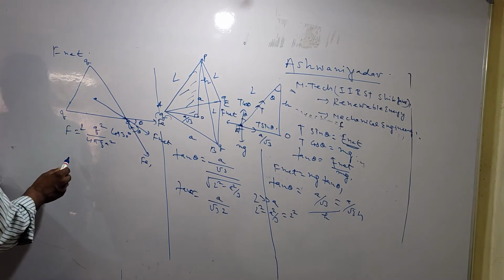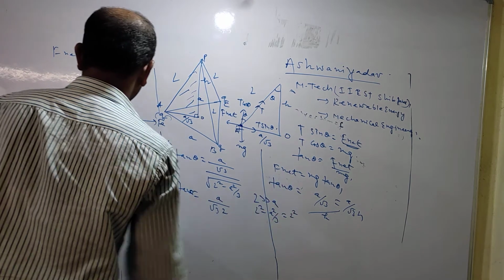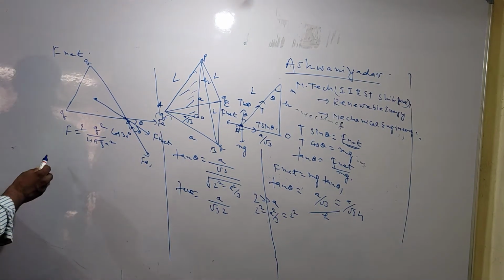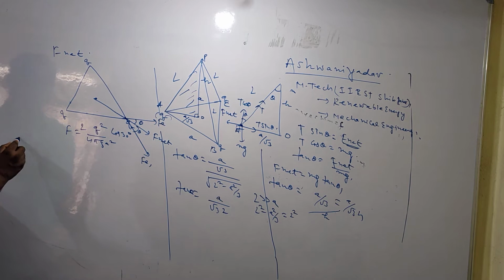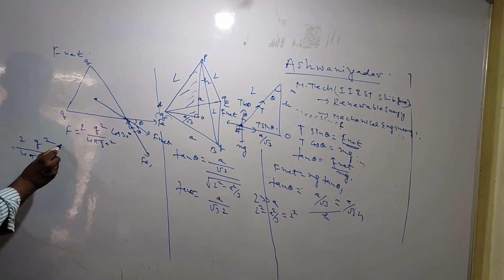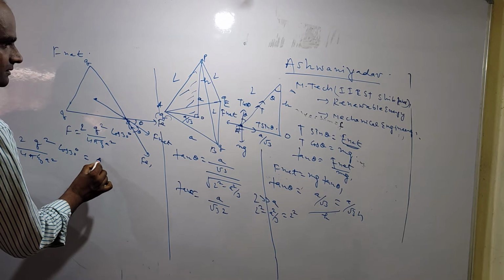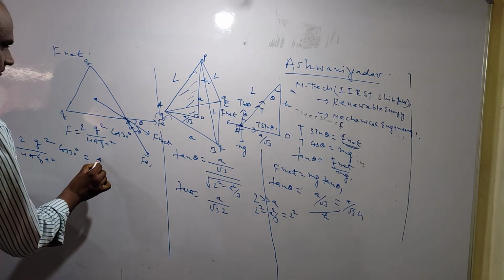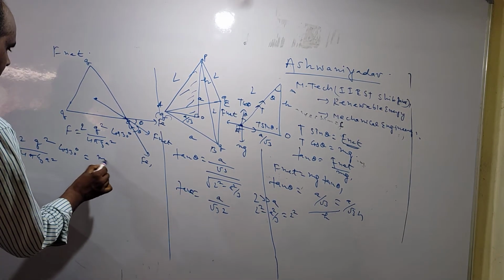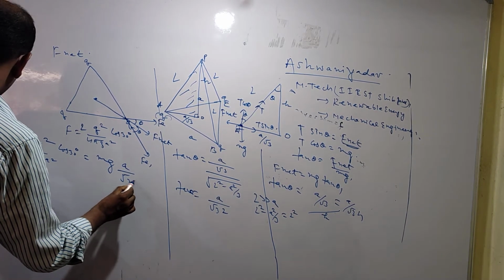Now you can put here F net, you can find easily the Q. So we have 2 Q square by 4 pi epsilon naught A square cos 30 degree equals mg tan 30 degree, A by root 3 L.